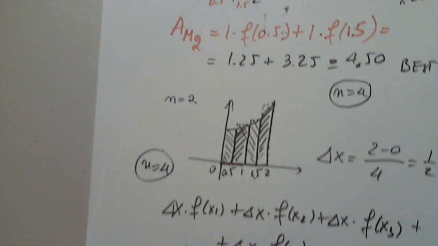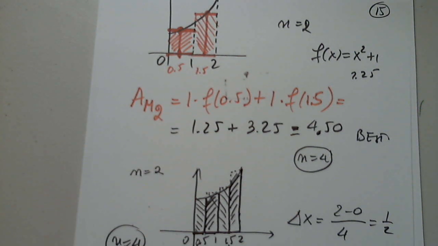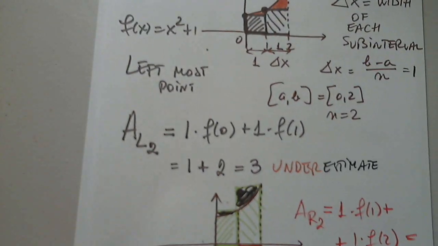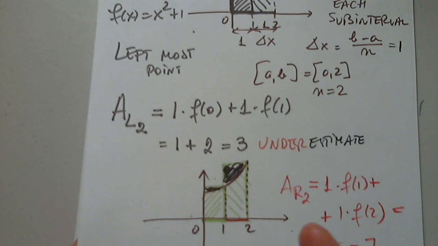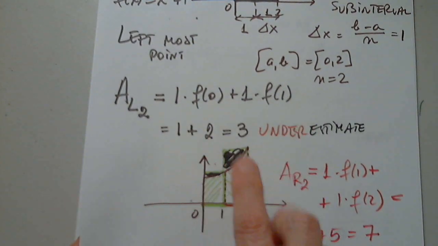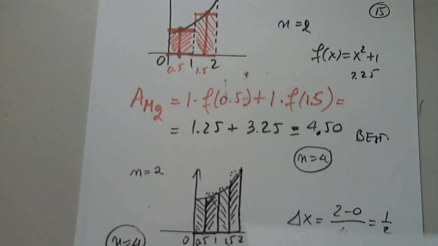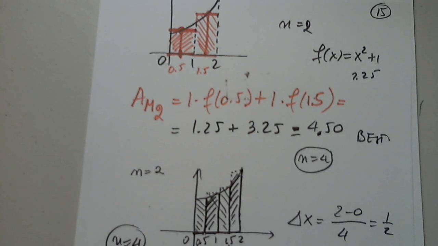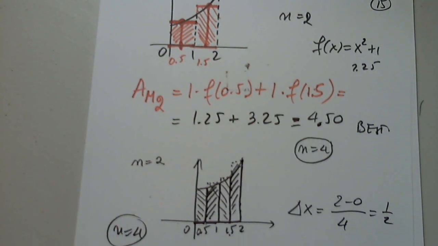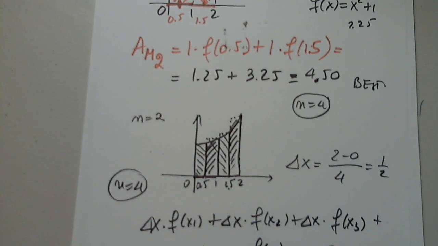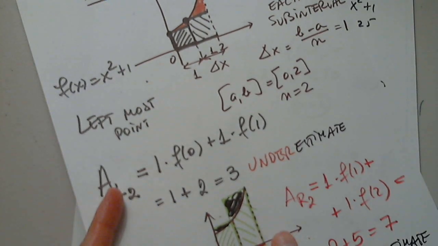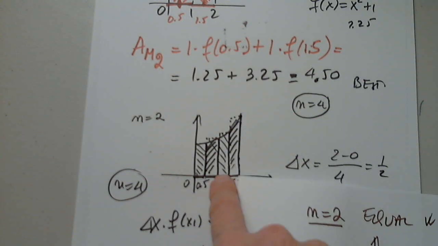Now, question. Will the estimate of the area with 2 subintervals be better or worse than the estimate using 4 subintervals? Which one is better, with 2 or with 4? 4.